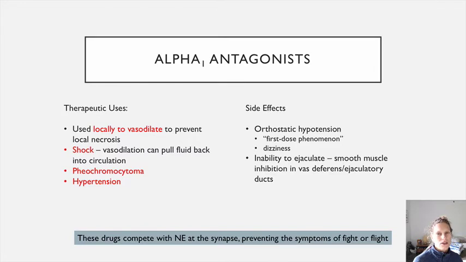So it might be a little counterintuitive to say, why would you ever want to give a vasodilator to somebody that has circulatory collapse? Because that seems to not make any sense whatsoever. And the reason for that is because when they are in this state of circulatory collapse, in a nutshell, what happens is it reverses the capillary dynamics.